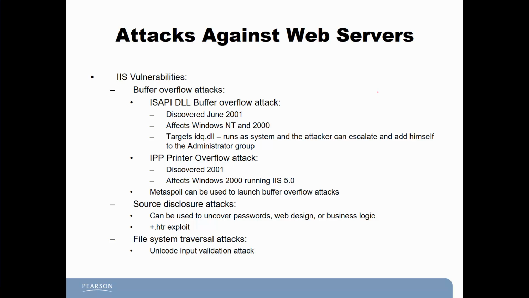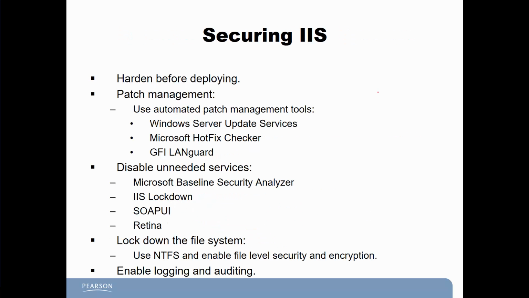So a common question is, why do we have websites that show the vulnerabilities? Well, the websites are there to show what vulnerabilities are there so that we can secure them. If we don't know about them, we don't know how to protect against them. So with IIS, a big thing for best security is looking at things like hardening, patch management, getting rid of a lot of the disabled services that we don't need, locking down the file system, making sure we're using NTFS, and enabling file level security and encryption, logging and auditing.